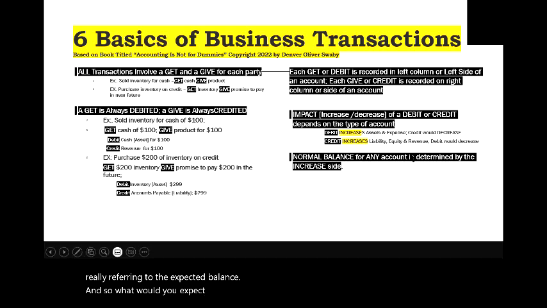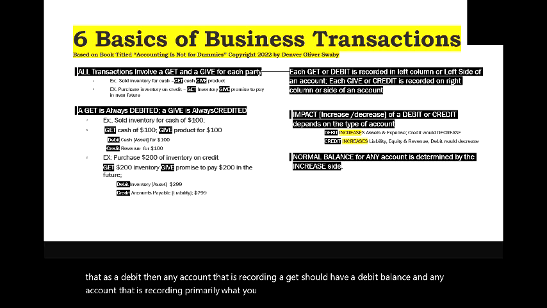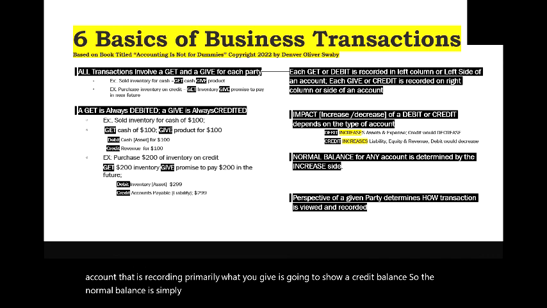Well, you would expect that if every time you get, you record that as a debit, then any account that is recording a get should have a debit balance. And any account that is recording primarily what you give is going to show a credit balance. So the normal balance is simply the expected balance for the account.